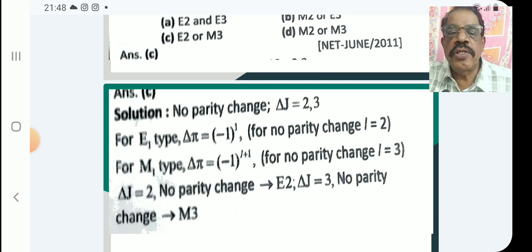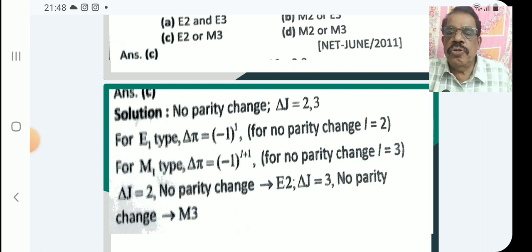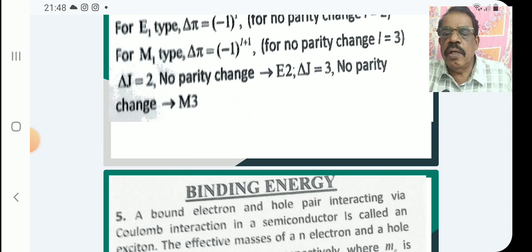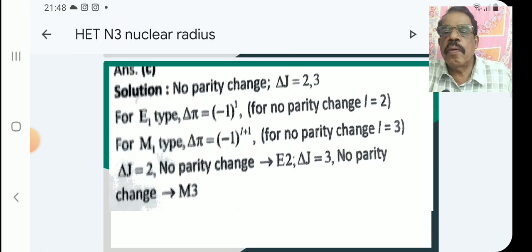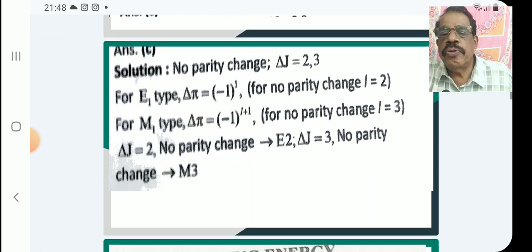For no parity change, L is equal to 3. That gives E2 for delta J equal to 2, and M3 for delta J equal to 3, with no parity change. So the answer works out to be C, E2 or M3.